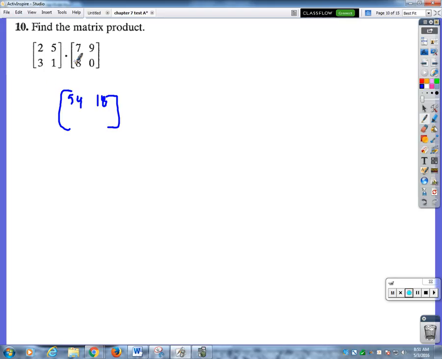So 21 plus 8 is 29. And then 27. So yes, you're right. You can type those into the calculator and then just go back to the home screen and go A times B. And it will give you that answer, but that's like doing 5 plus 2 on the calculator. Why would you even bother? You're a pre-calculus student.